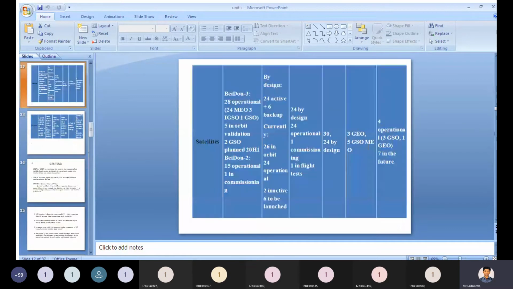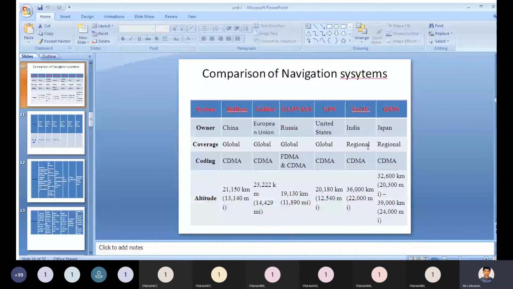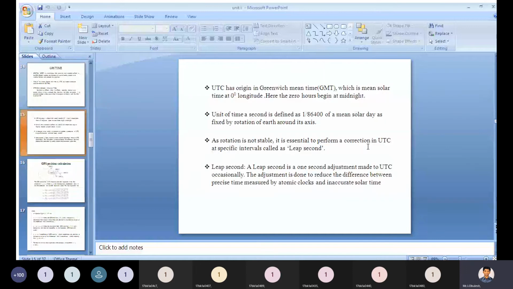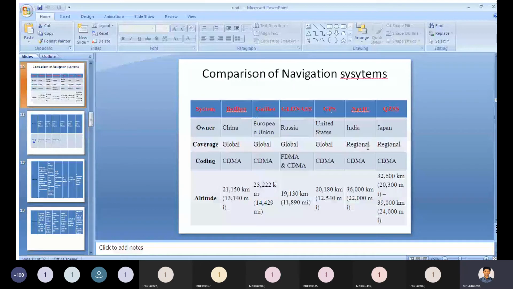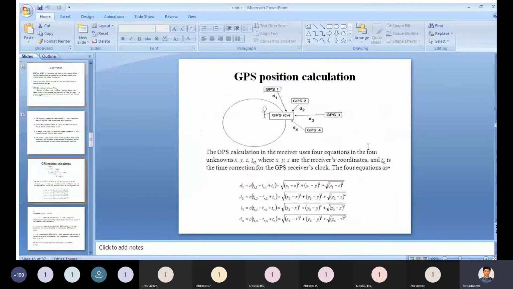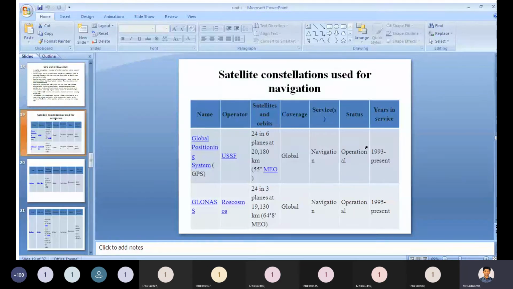Because of that, the operator name is Roscosmos. And how many satellites do we use in GLONASS?